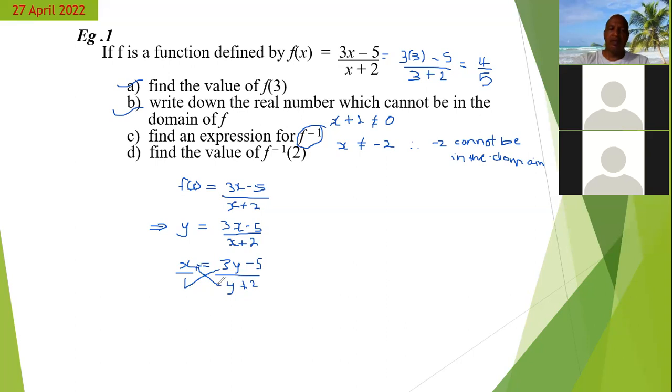So remember now, x plus 2 is an expression, so we have to keep the expression in brackets. So we have x times y plus 2 in brackets, and then now that would be equal to 1 times 3y minus 5, which is just simply 3y minus 5.